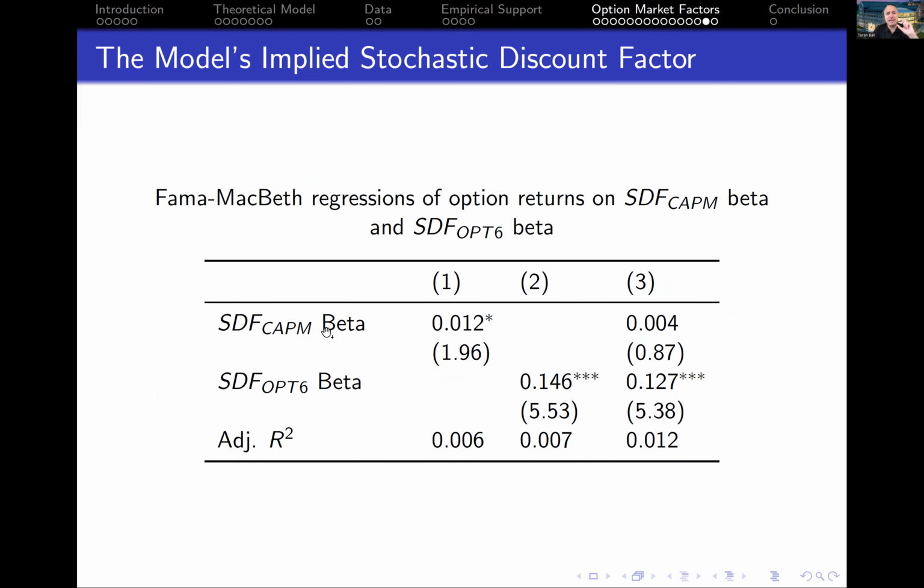So think of this as option exposure to the approximate SDF implied by CAPM. This is the option exposure to the approximate SDF coming out of our factor model. Or you can treat this as option exposure to a weighted average of our factor model.